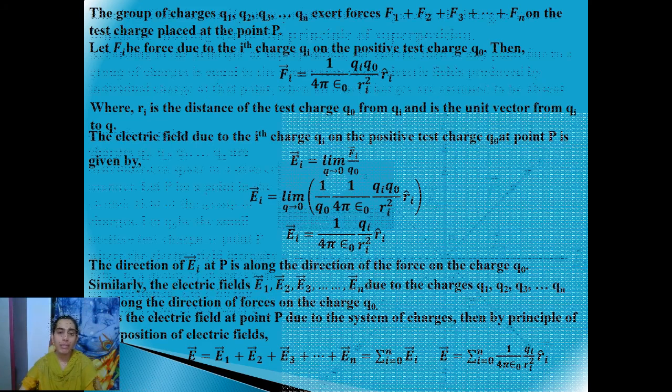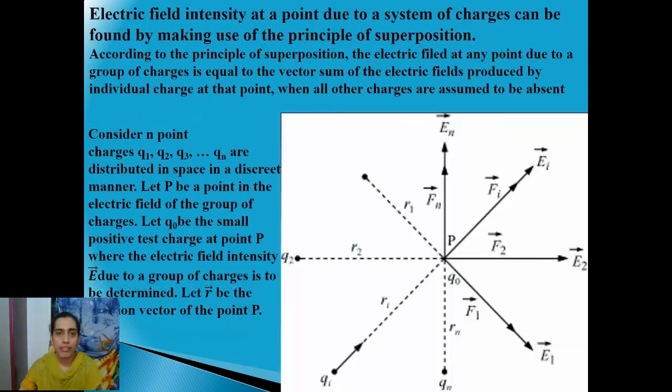Let's have a quick review on our derivation. We were supposed to derive an expression for electric field intensity at a point due to a system of charges. For that we made use of the principle of superposition. We considered n point charges, that is q1, q2, q3, so on up to qn, which are distributed in space, and we considered a point P. At this point P, we placed a unit positive charge, a very small test charge q naught.